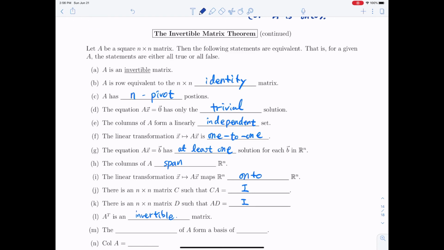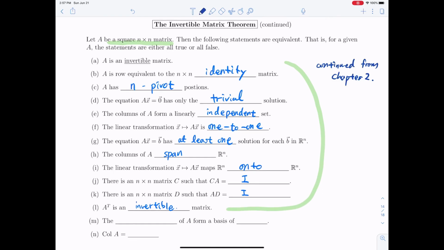So we can extend the invertible matrix theorem. Suppose that A is an n by n matrix, then we had the characterization of the invertible matrices. But we can extend this characterization by using the various kinds of spaces that we have covered so far.